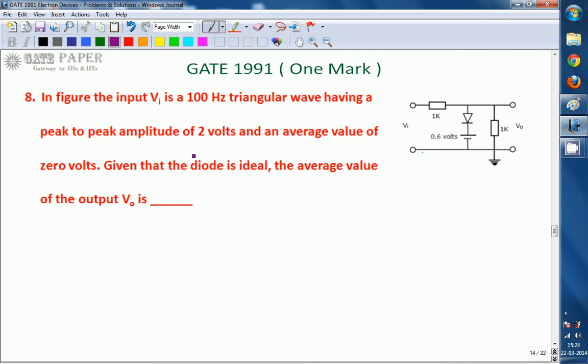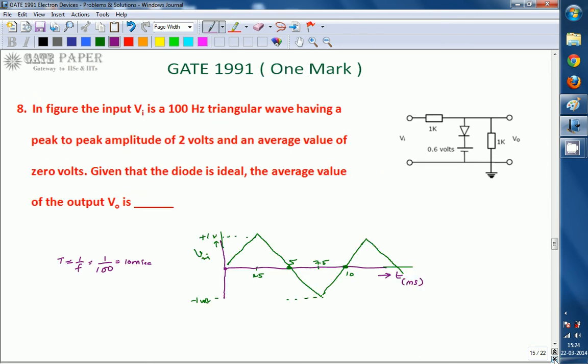We will see how. First of all, with the input information, we can draw the input waveform like this. It's a triangular waveform with 100 Hz. For 100 Hz frequency, one complete time period is T equal to 1 by f, where 1 by 100 is 10 milliseconds.